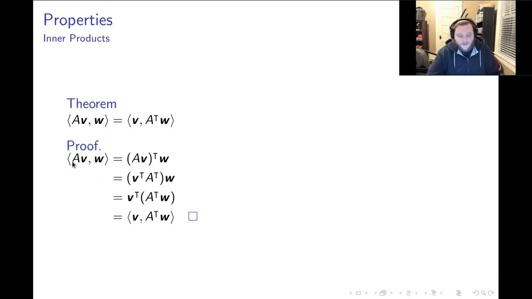This tells us why the inner product of A times V with W is the same thing as the inner product of V with A transpose times W. The formula for inner products can be viewed from a matrix multiplication perspective, where we transpose the first vector and then multiply by the second vector as matrices. And one consequence of that formula is that we can more easily manipulate symbols as matrices.